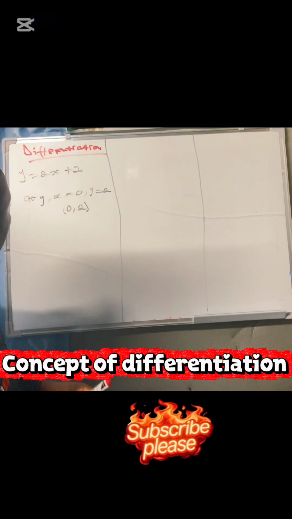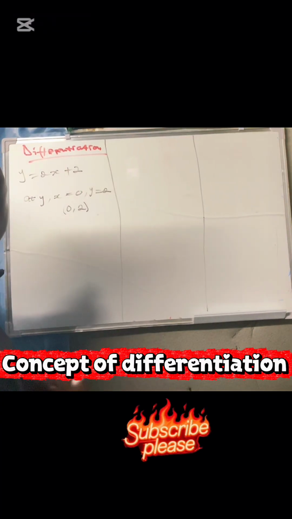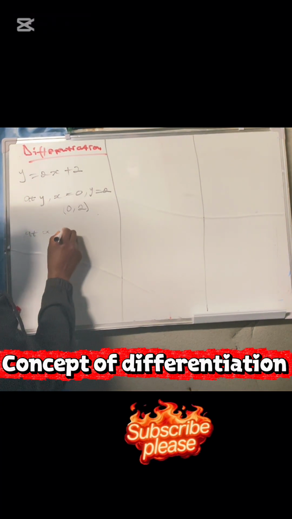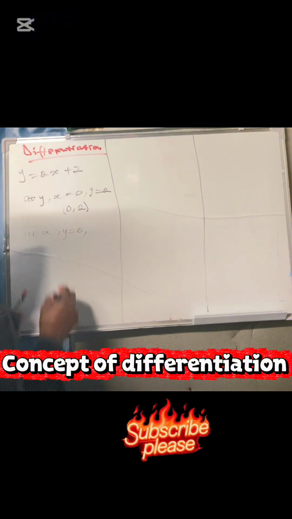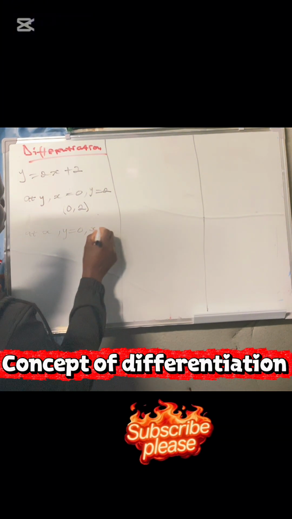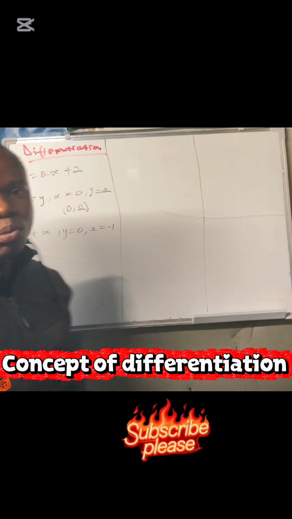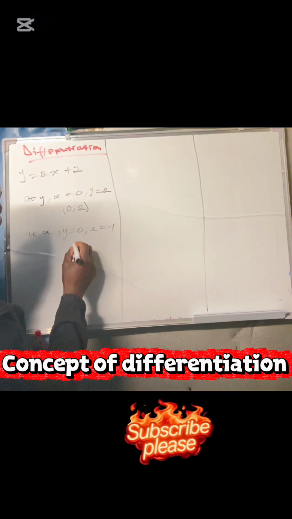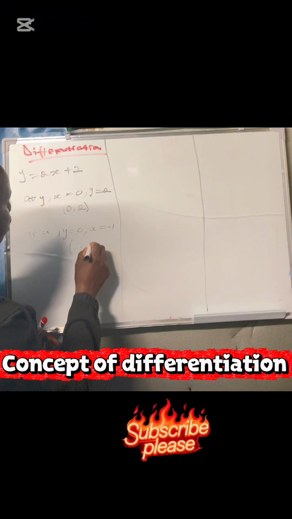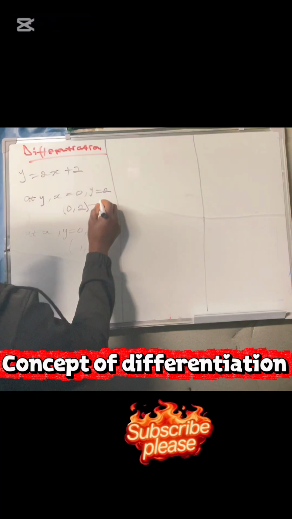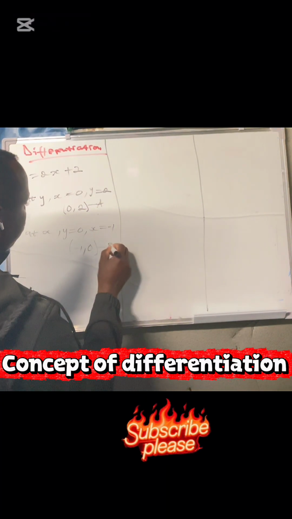Now, on the same axis, when I am working on the x-axis, at x, my y will be what? 0. So if I put y as 0, my x will be equal to what? Negative 1, okay? Now, I've gotten my second coordinate to be (-1, 0). Let me name these coordinates A and B, right?